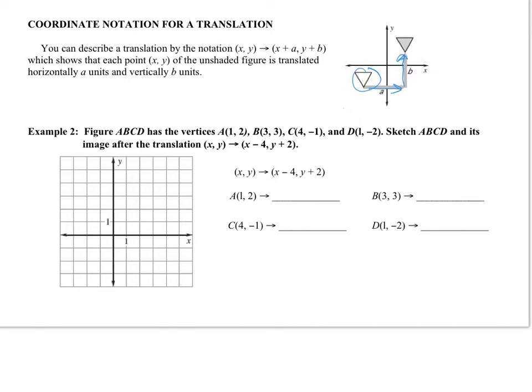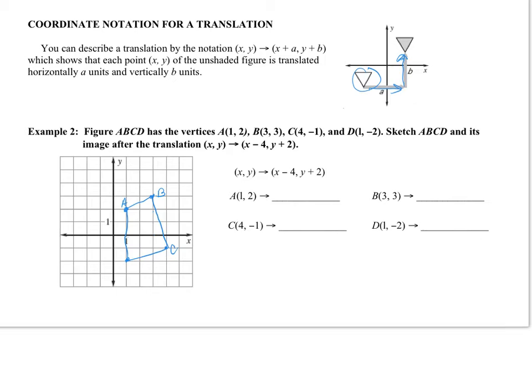So example 2: figure ABCD has the vertices (1, 2), (3, 3), (4, -1), and (1, -2). So I'm going to plot all of these points, and connect my vertices.